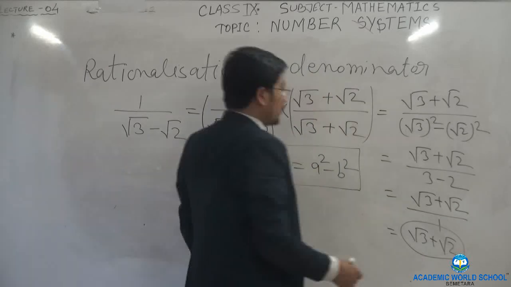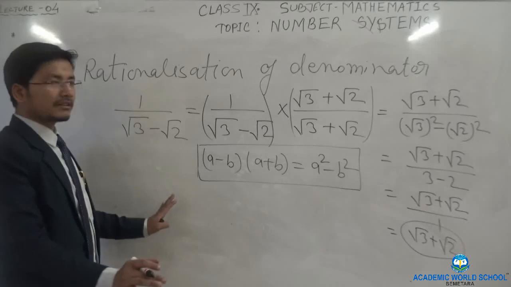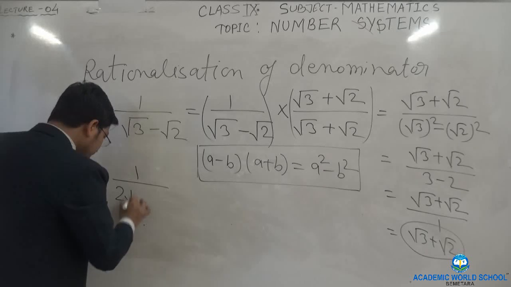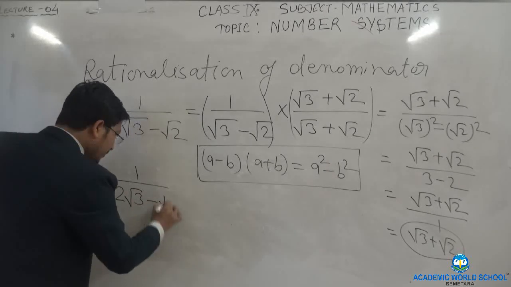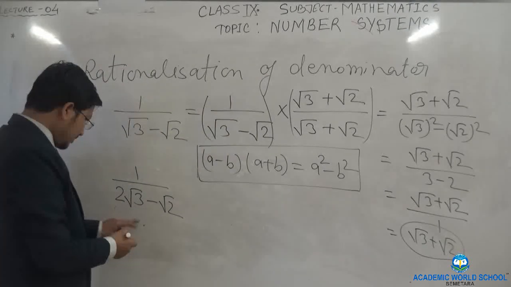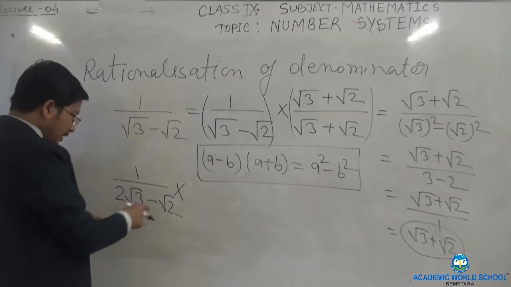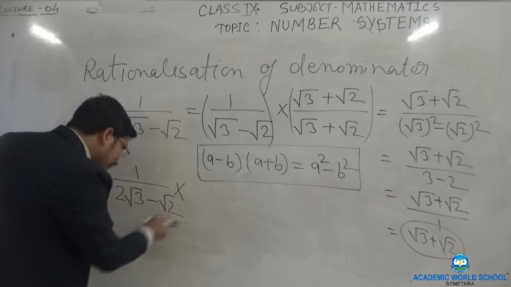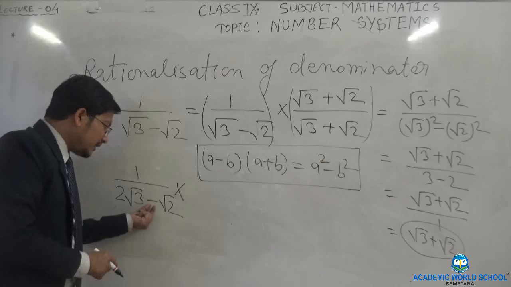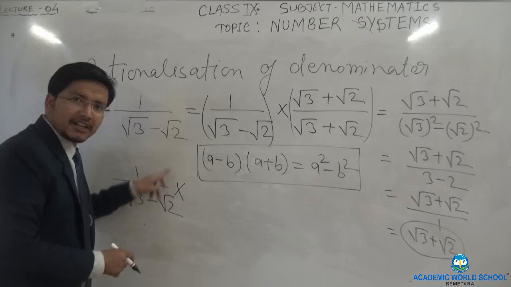So in this way we have to do the rationalization. Okay. If I am writing 1 upon 2 root 3 minus root 2, then what are we going to do? Students, please listen carefully. Then I have to multiply by the same number, just changing the sign. If there is a minus, I have to make it plus, and I have to multiply in the numerator and the denominator.